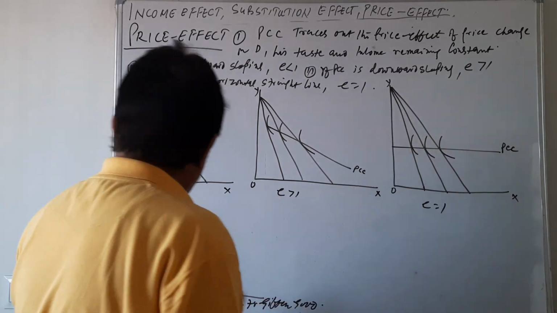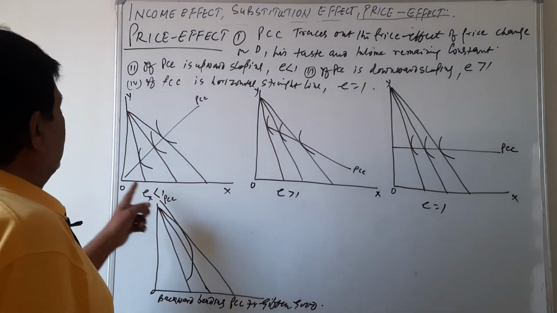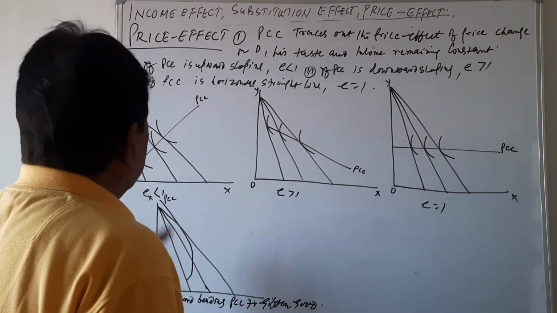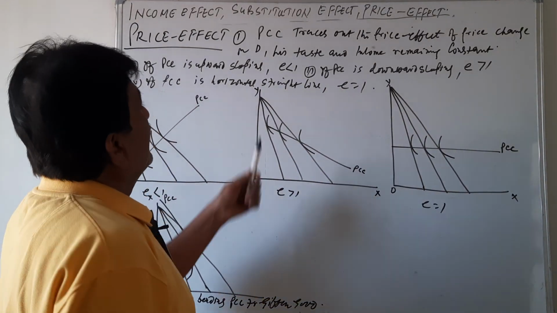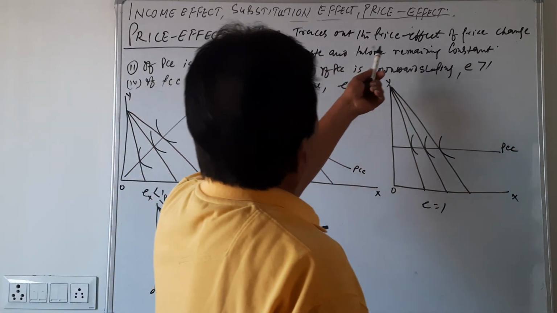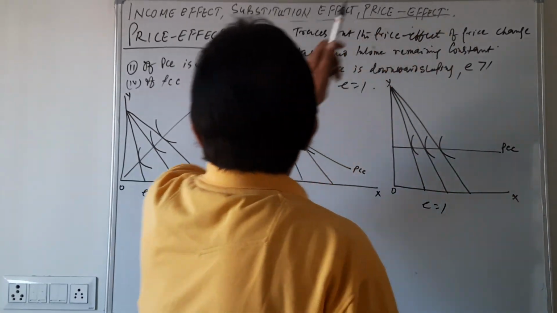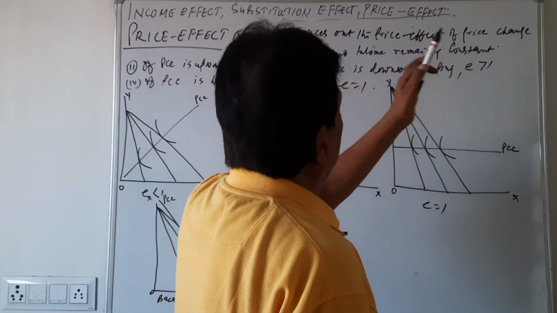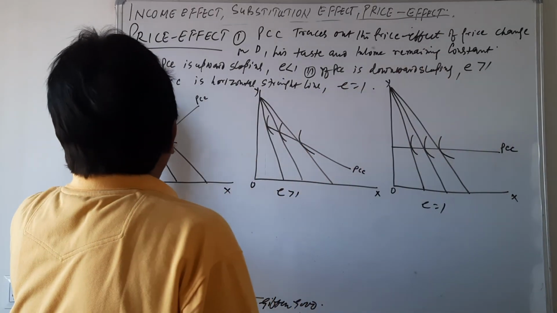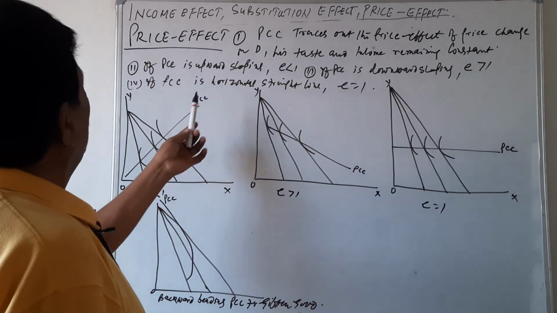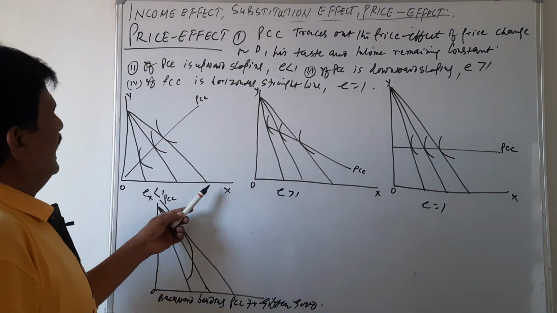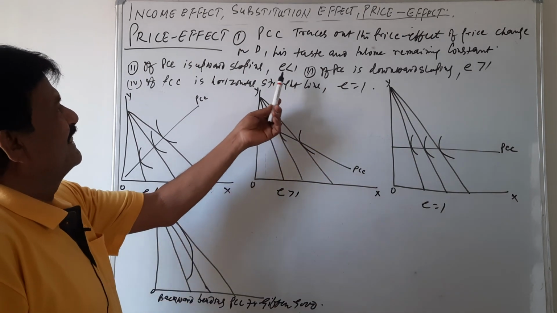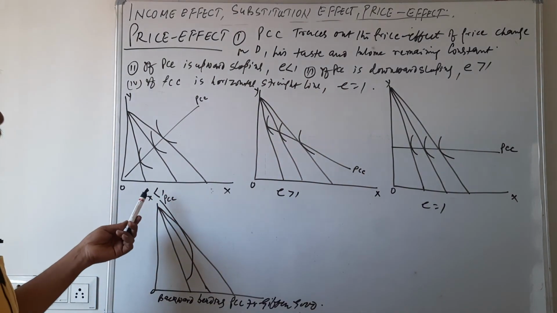In all these examples, we have assumed that the price of X falls, and then we have explained this PCC. This PCC traces out the price effect of a price change on demand, tastes and income remaining constant. If PCC is upward sloping, good X is relatively inelastic, that is, elasticity is less than 1. This is being explained here.